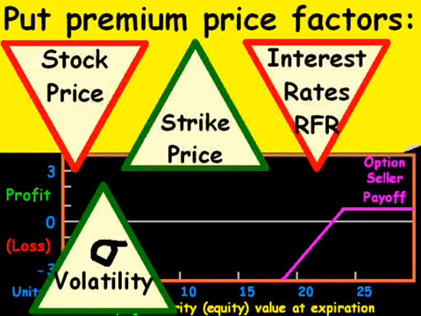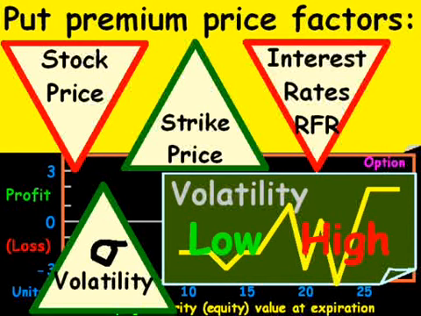Moving on to our next factor here, and that is volatility, or standard deviation, as I have it there. By standard deviation, I mean how the stock price varies from the mean. I have a picture here of volatility. On one side, in light green, I have low, and the side in red is high volatility.